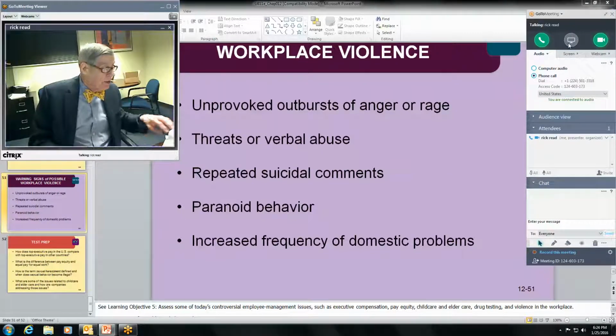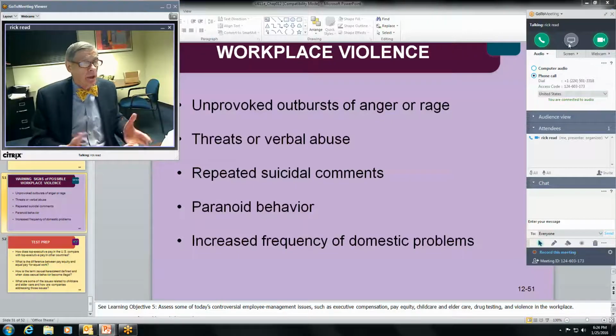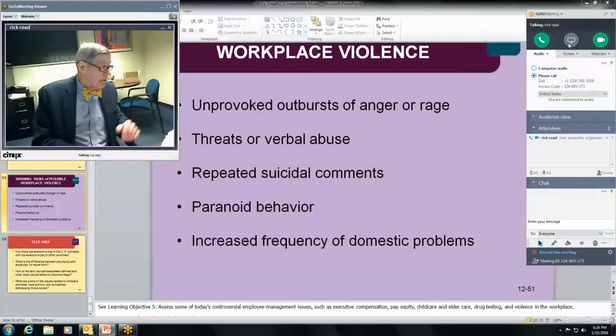And if you notice somebody having these problems, make sure that you get them to competent help. Don't try to do that yourself. I mean, obviously you can try to help them along, but most of us are not medical professionals or psychologists, etc. So make sure that you get them in the proper place and to do the proper things.